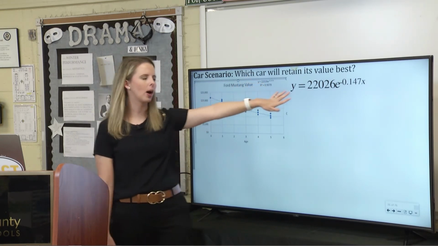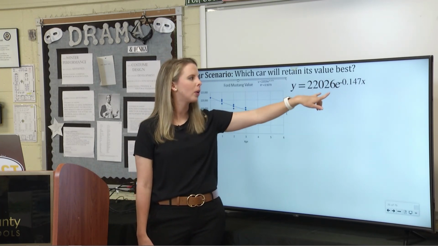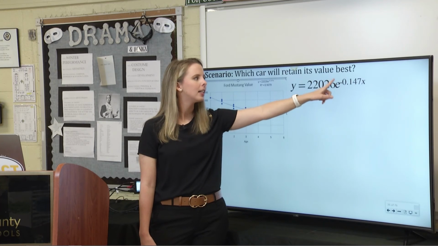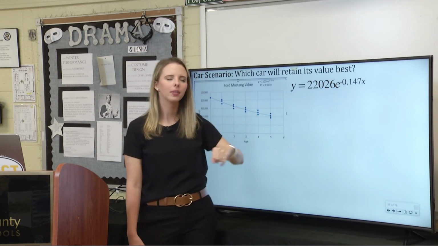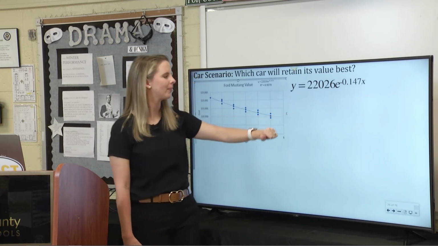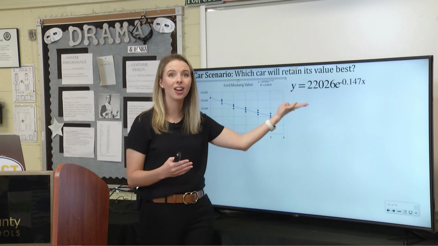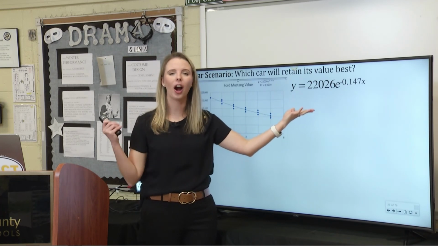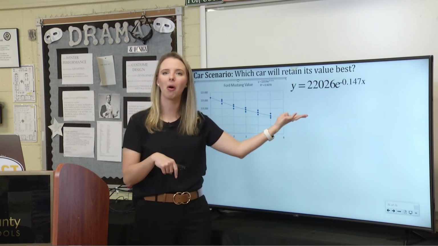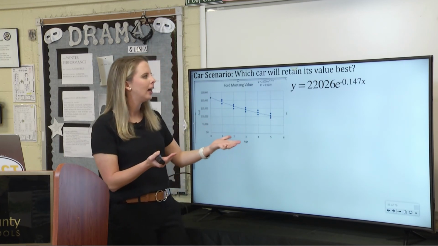Now it was really tiny, so I typed it over here for you on the side: $22,026 e to the negative 0.147 times x. Let's talk about this function a little bit. We know that this does indeed match our standard form that we saw at the very beginning. That's the first page of your packet, I believe.